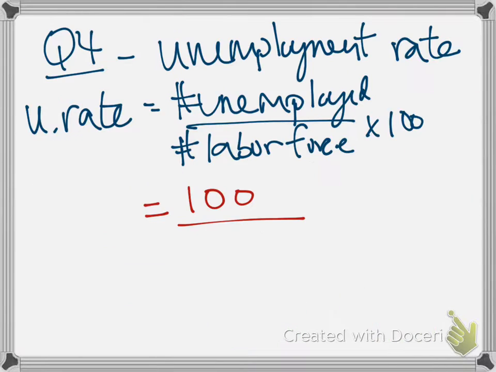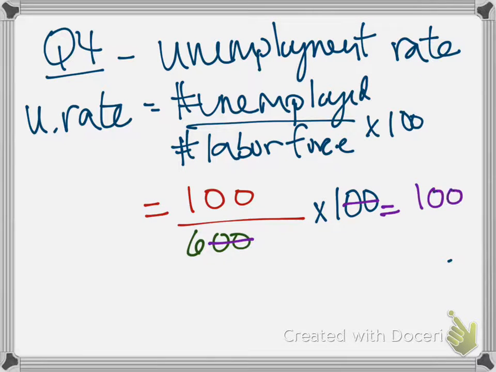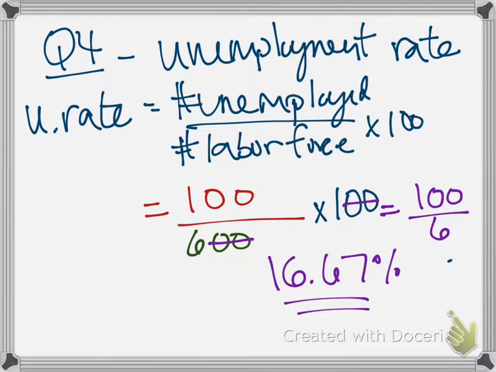So our total labor force is 600. And again, with all these formulas, we're trying to get a percent, so we multiply times 100. Working this out, I can cancel out these two zeros with these two. So 100 times 1 is 100 divided by 6. And we would get an unemployment rate for this economy of 16.67%. That was the correct answer on question 4.